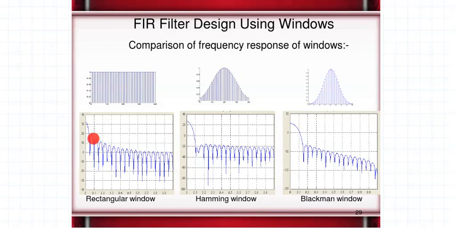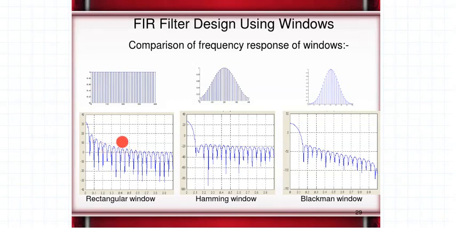Now let us look at the stop band, at the side lobes. You could see here the side lobe strength is hardly, you could say, only 13 dB down in the case of the rectangular window, whereas when I go to the Hamming window and further to the Blackman window, the side lobes have very little strength, whereas the strength of the side lobe in the rectangular window is very large.